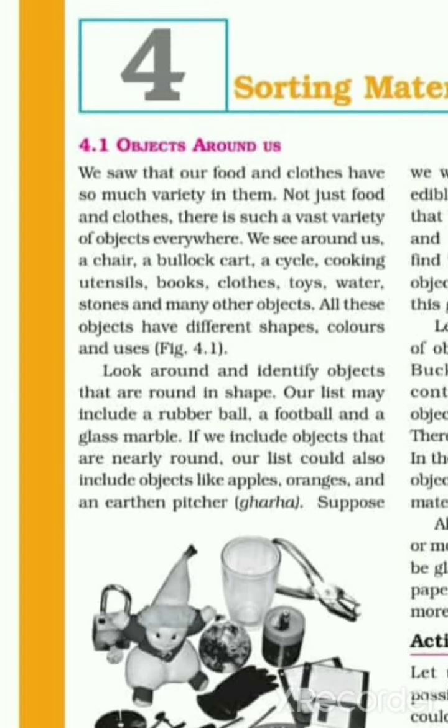Let's read line by line. We saw that our food and clothes have so much variety in them. Not just food and clothes, there is such a vast variety of objects everywhere. We see around us a chair, a bullock cart, a cycle, cooking utensils, books, clothes, toys, water, stones, and many other objects.